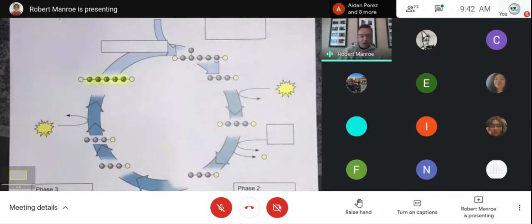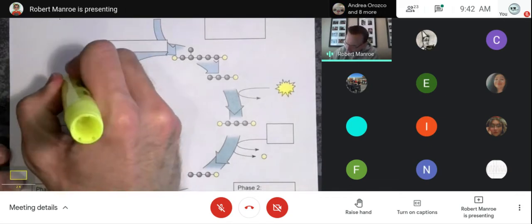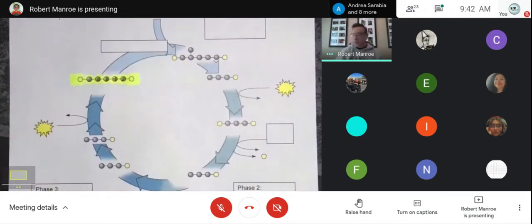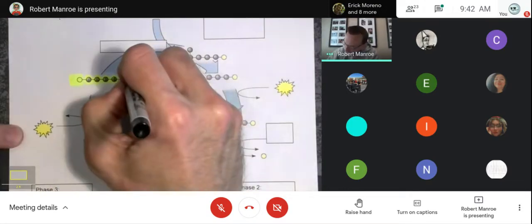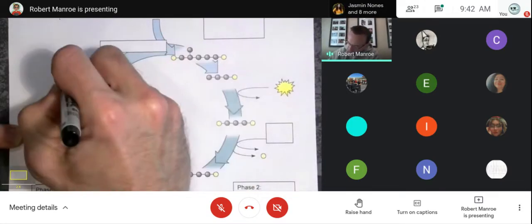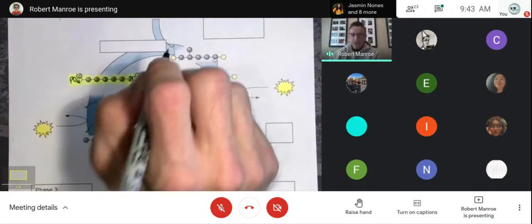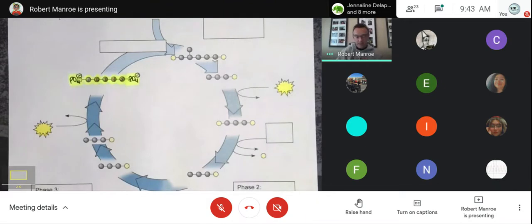That's a 5-carbon compound. And you say, all right, and what are these things on the end here? Well, when Campbell's puts these yellow circles on the end, that's always phosphate. So there's a phosphate here, and there's a phosphate there. So there's a phosphate on each end, right?